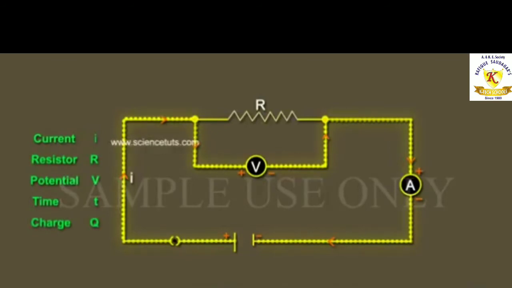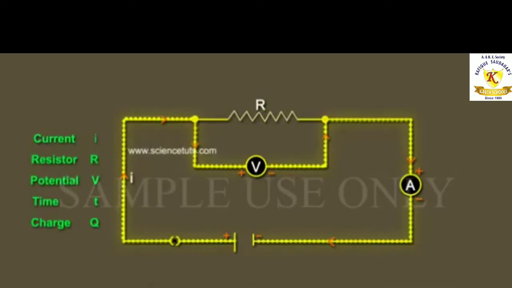Now, the work done in moving the charge Q through a potential difference V is VQ. Therefore, the source must supply energy equal to VQ in time t. Okay?